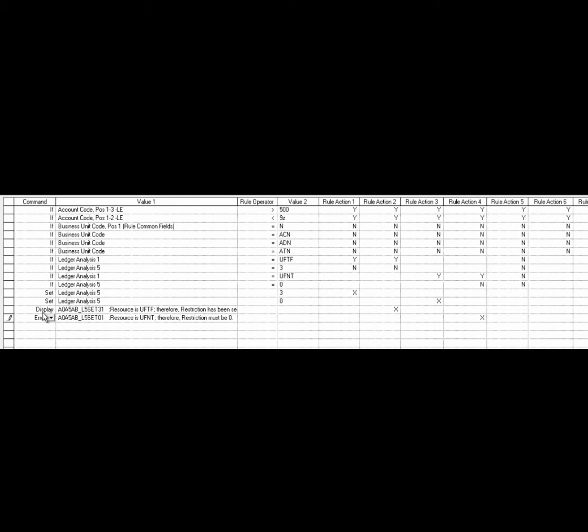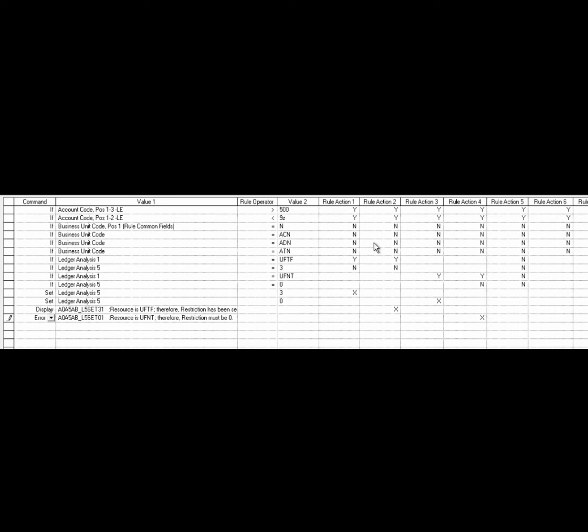So the display action statement only sends a message without stopping processing. In this next one that we're looking at, the error message statement, we'll go through the same thing here, and you can see sort of the beauty of the idea of a rule set.